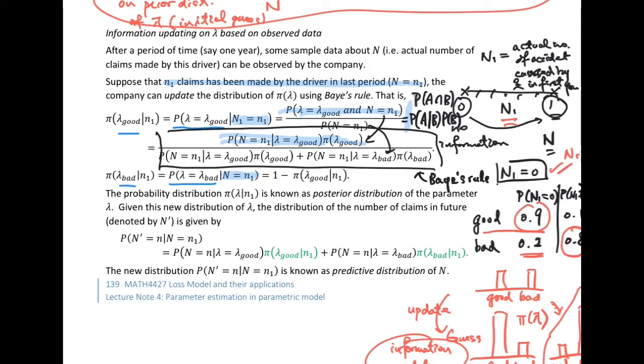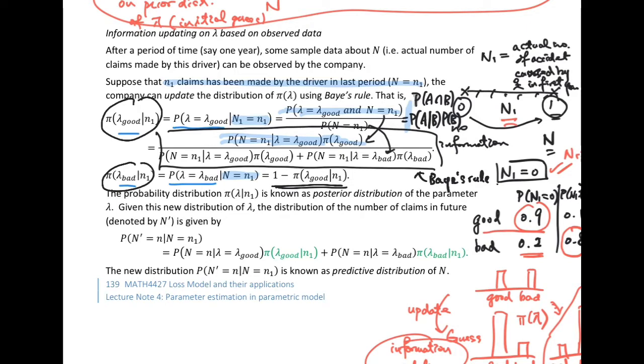Or, because in our case we only have two possible values and we know the probabilities sum to 1, given that you know the probability that lambda equals lambda good, you can just get the probability for lambda bad by 1 minus the probability that lambda equals lambda good. So given this observation, you can now obtain this new distribution of lambda.